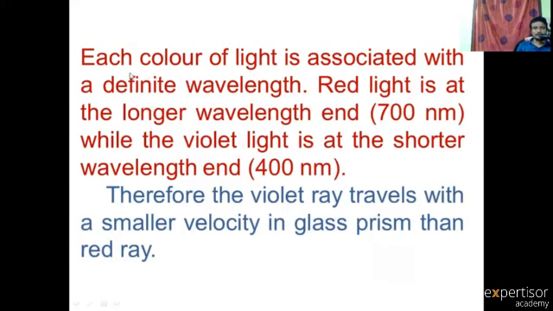Next, each color of light is associated with a definite wavelength. Red light is at the longer wavelength, 700 nanometers, while violet light is at the shorter wavelength, 400 nanometers.